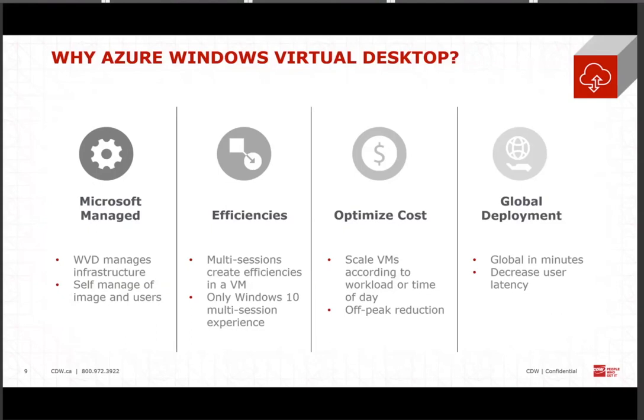It also allows you to have a decreased latency for those users. So for those who really need to ensure that their desktop as a service is reliable and not latent for best user experience, a cloud option is really a great one to look at.